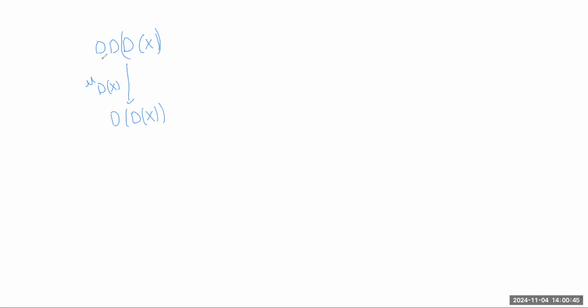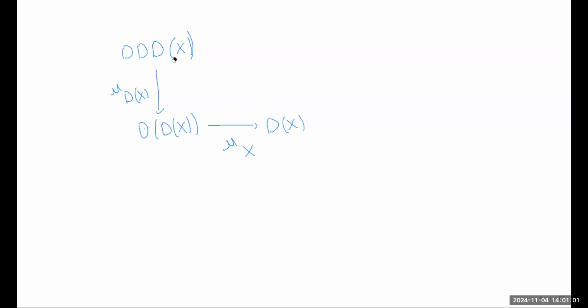So we apply mu on this in order to take the product of both and get D, and then we apply mu again. We will get here, but we can do the same by applying first mu on this, right? So we can go to mu X, but there is D that acts on both. And then apply mu. This will be the same. That means that mu, this product, is associative.